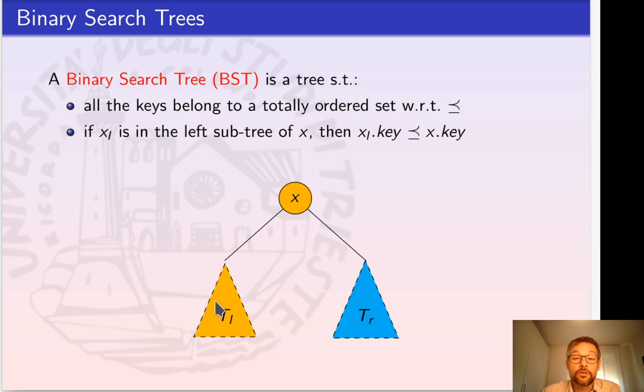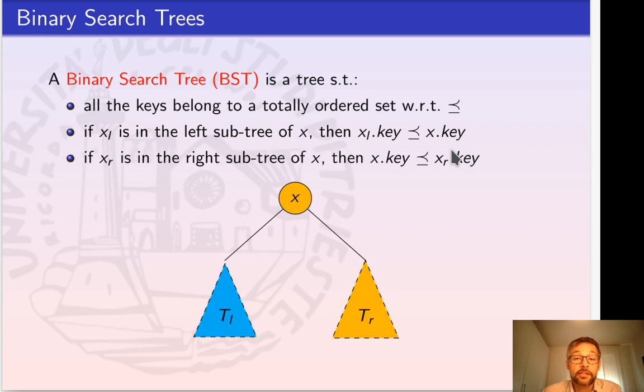For all x, all the nodes belonging to the left subtree of x contain a key which is smaller or equal, with respect to the total order, to the key of x, and all the nodes belonging to the right subtree of x contain nodes whose keys are greater or equal, with respect to the total order, to the key of x.